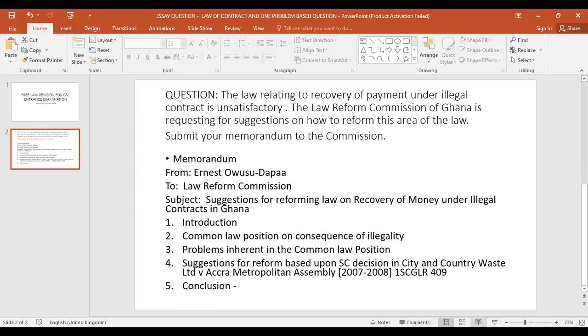This memo has been necessitated by the interest or the invitation by the Commission to generate as many ideas and suggestions as possible to reform the law relating to recovery of money and illegal contracts.